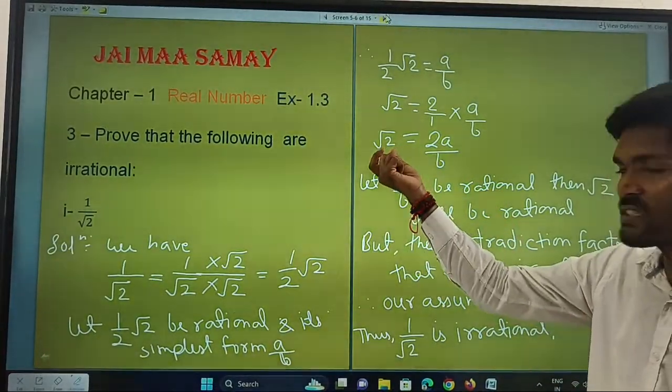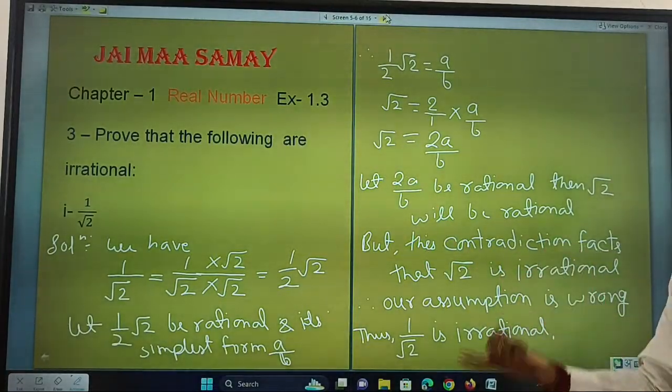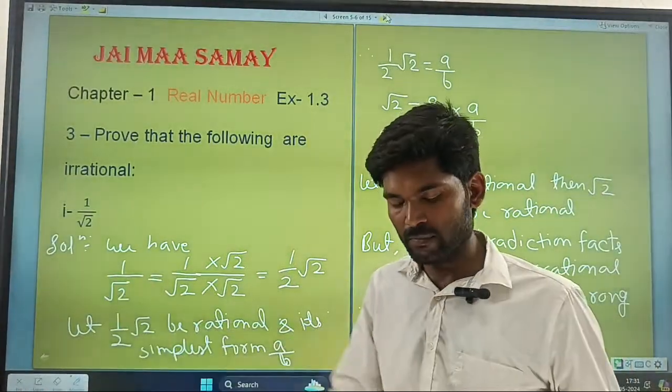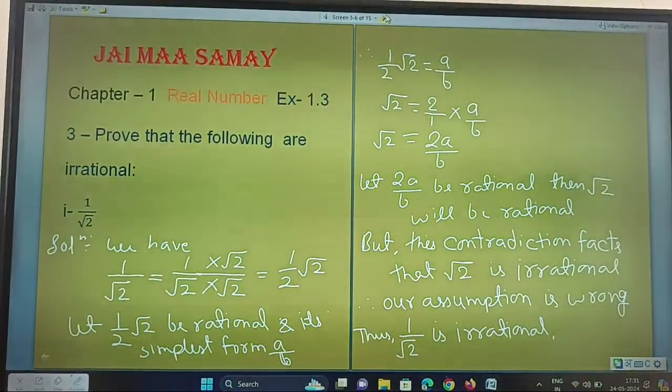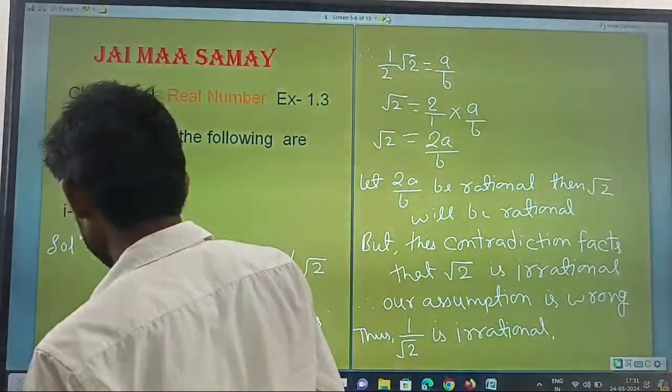But according to the rule, this is irrational. That's why our assumption is wrong. What is right? Irrational. Okay. Take a pause, note down. Next question.